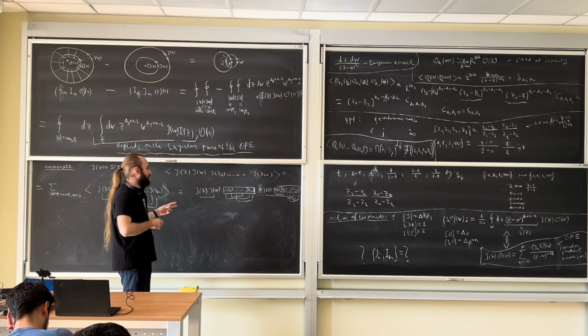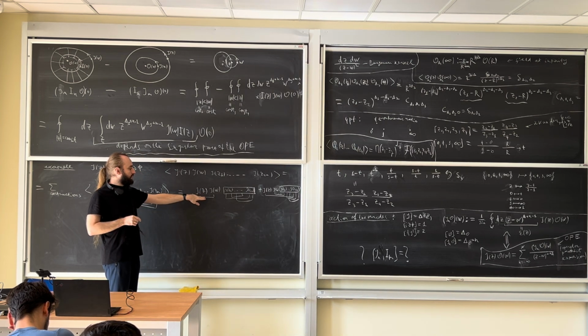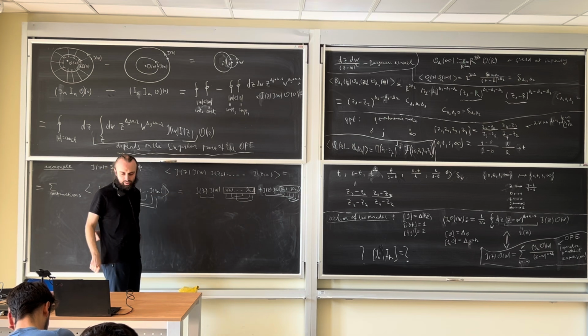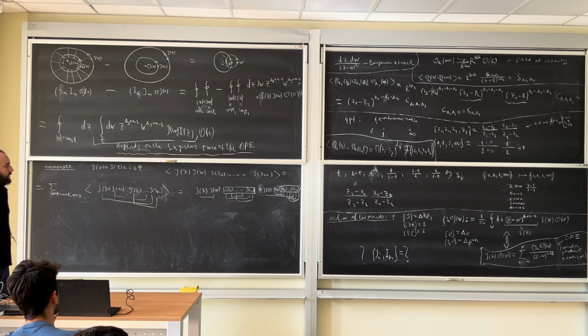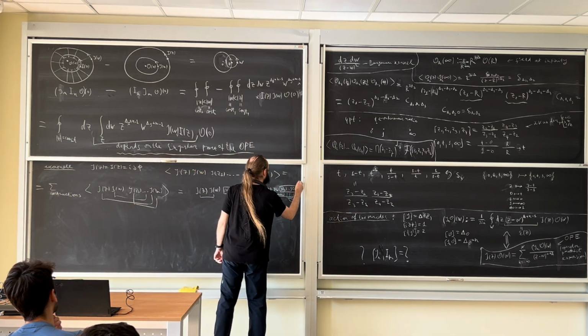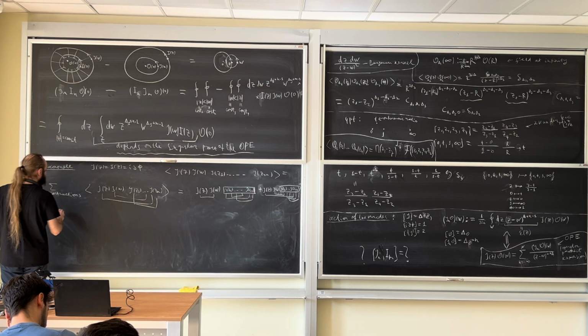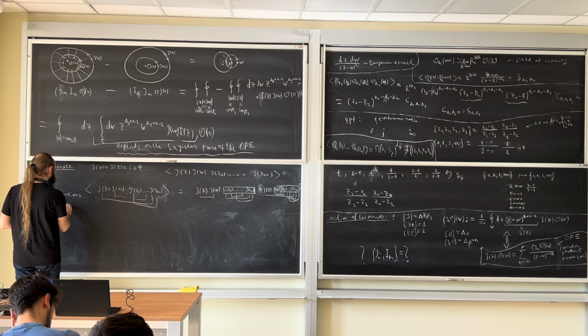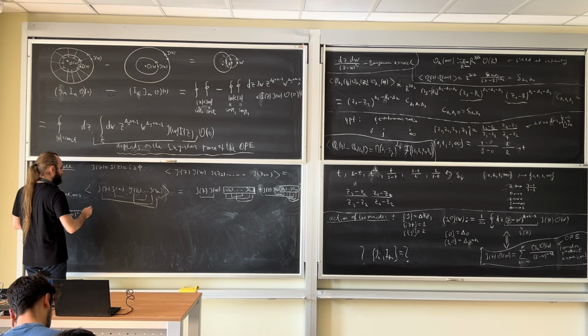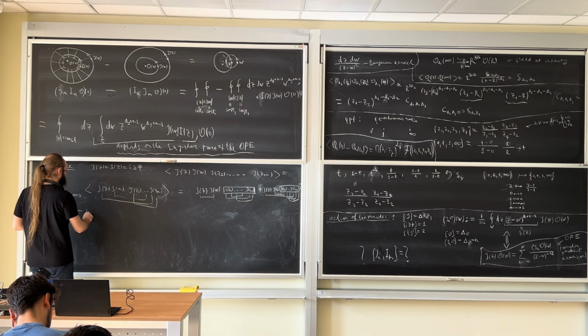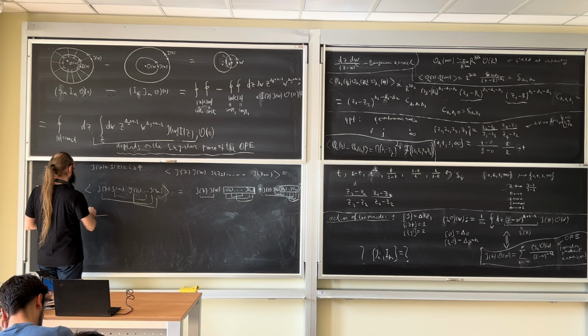What can we say about the behavior of these two terms? So it is 1 over z minus w squared times this sum of all contractions.